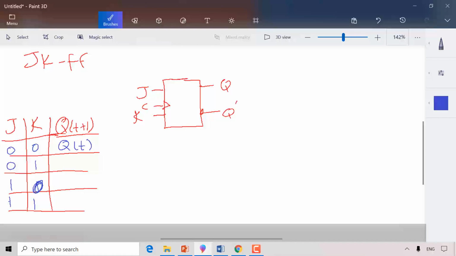And 1 1, we invert the output. 0 1 resets the output to 0, and 1 0 sets the output to 1. So this is reset, this is set, and the inversion we like to call toggle. That's when we invert the output, and here, no change.